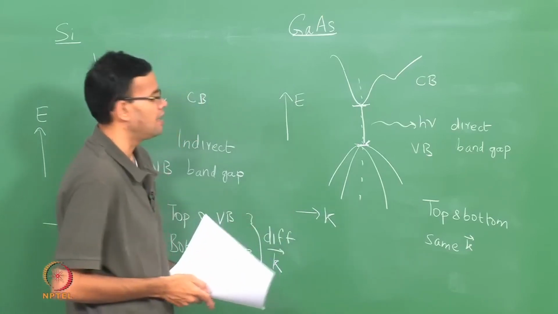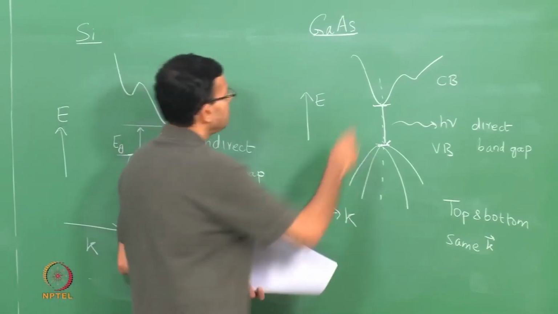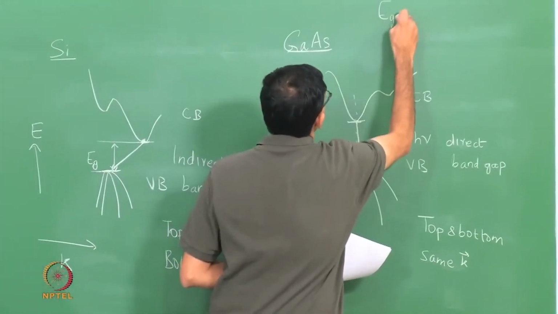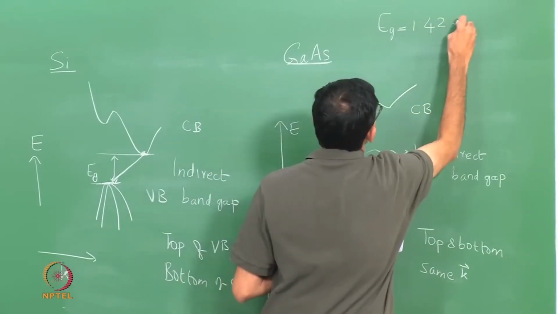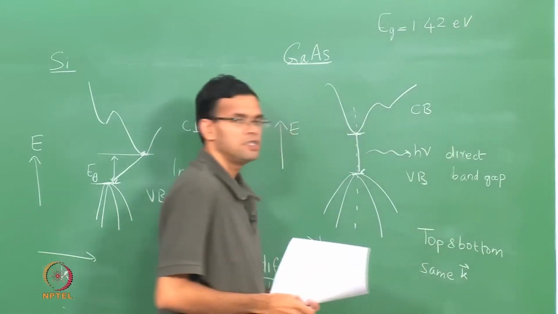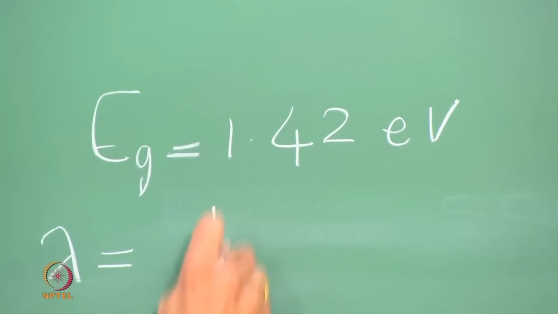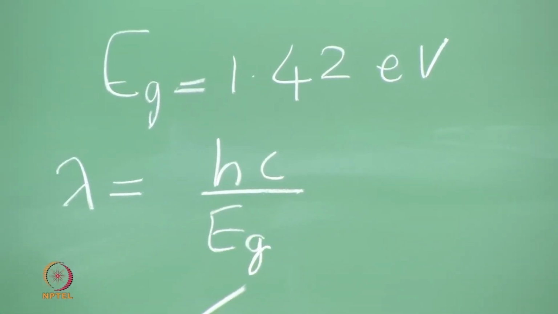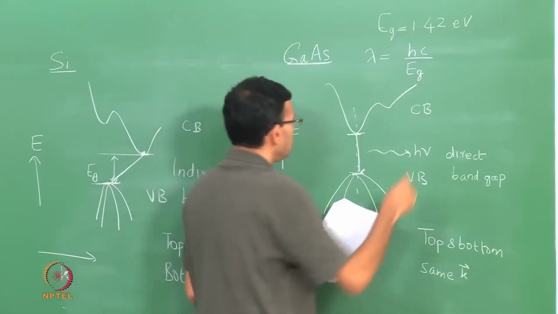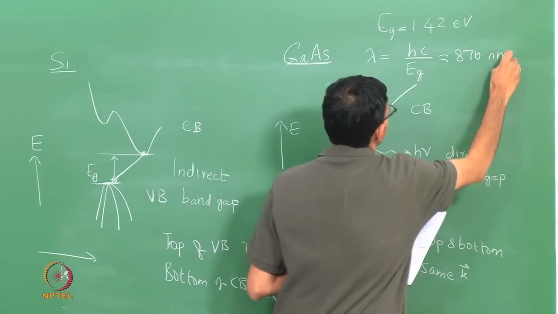In the case of gallium arsenide, the band gap is 1.42 eV. This energy is released as a photon. So, the wavelength of the photon, using the same formula that we saw before, is nothing but hc over Eg, which is approximately 870 nanometers.